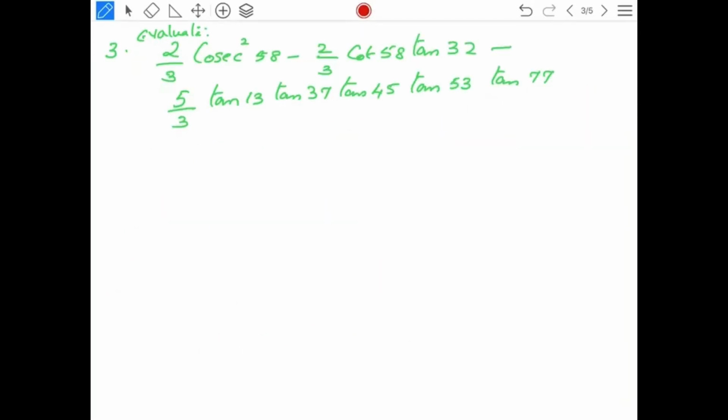This is also a similar problem. So here we will convert tan 32. Here 58 and 32, if you see, they are complementary angles, so we'll convert tan 32 as tan 90 minus 58, which is cot 58.